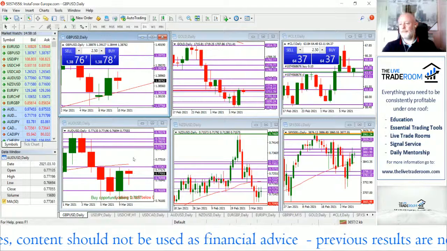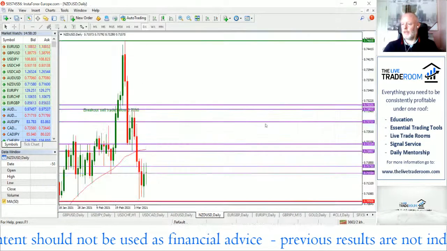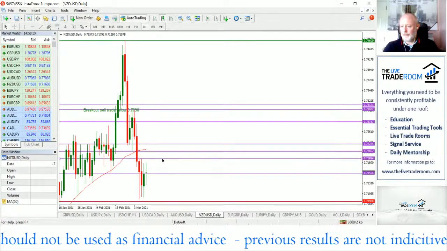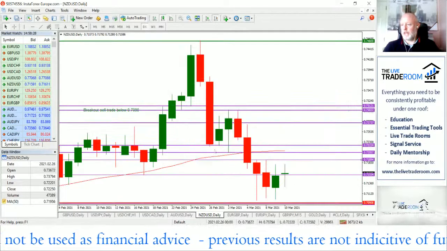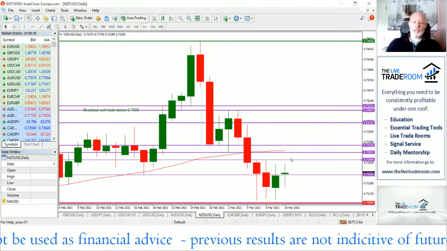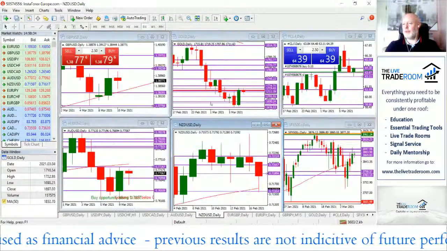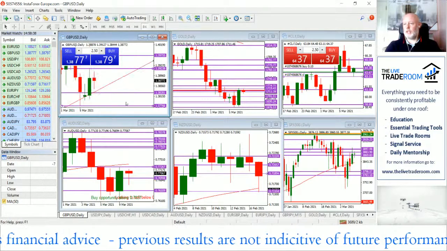Delete that one. So looking for a buy trade. Similar sort of analysis really for the New Zealand dollar. It was never going to be a case of getting into all of these trades, but if some dollar weakness starts creeping in across the board, we would have cherry picked either the pound dollar to the upside or the Aussie dollar.